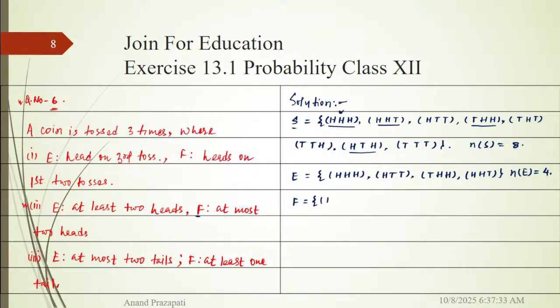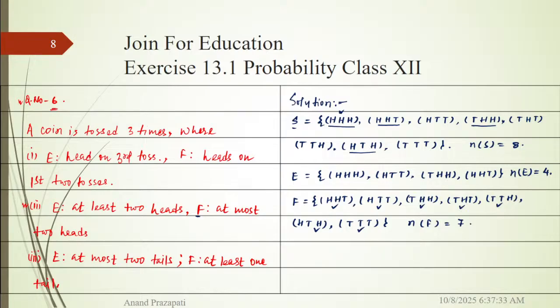So we write down HHT, HTT, THH, THT, TTH, HTH, and we also write down 0 heads, TTT, since it asks at most. So the number of F will be 7.